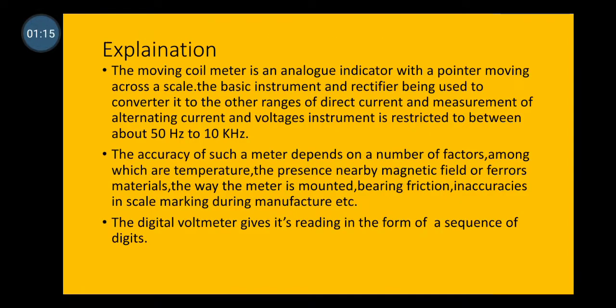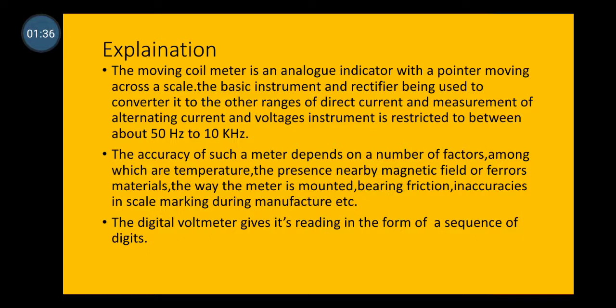Here, the moving coil meter is an analog indicator with a pointer moving across a scale.